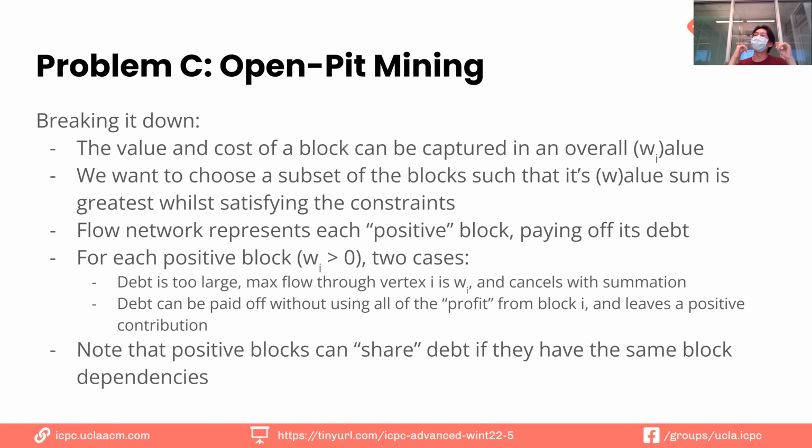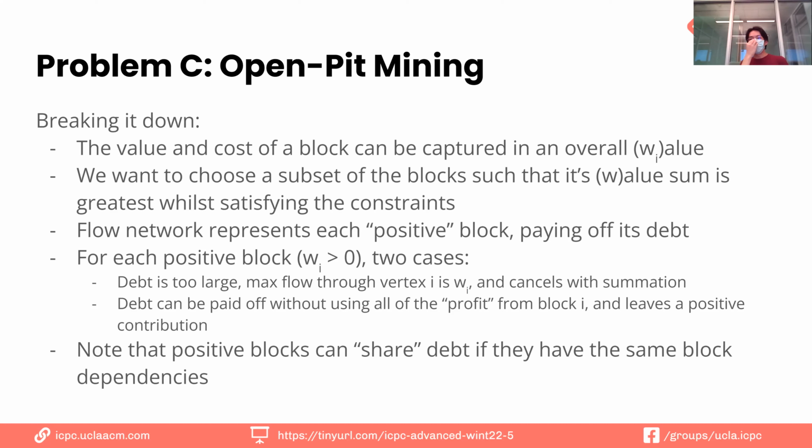You can think of it as four columns. It's not really bipartite, but you have four columns: the source, then the positive blocks, then the negative blocks, and then the sink. The center line between the negative and positive blocks is all your dependencies. If a block is dependent, you can find all the blocks that a positive block is dependent on, and you connect them all up to the negative blocks.